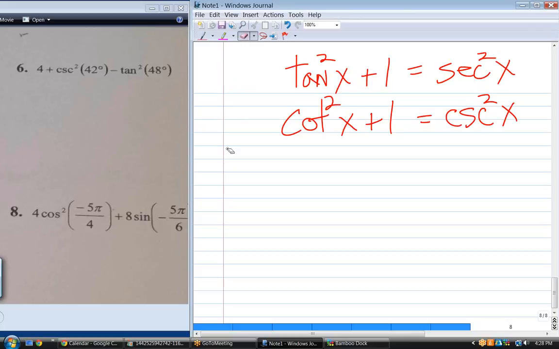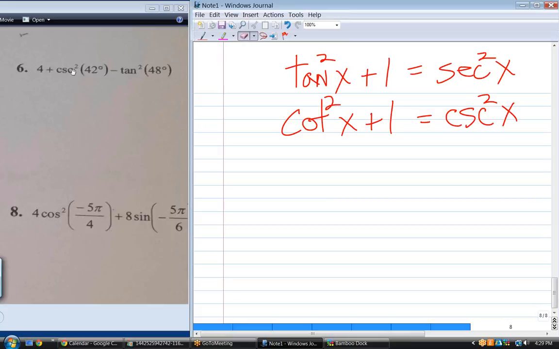All right. So, given that we can relate tangent to secant, and given that cosecant is the cofunction of secant, let's begin there.